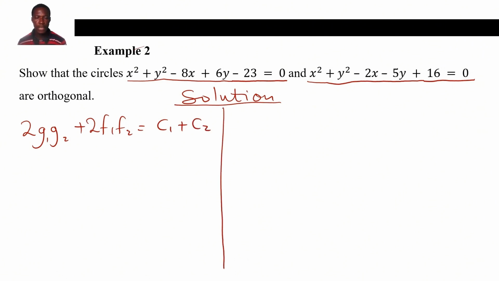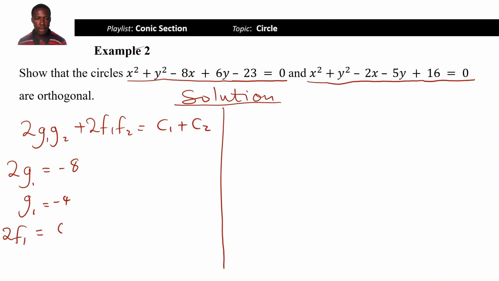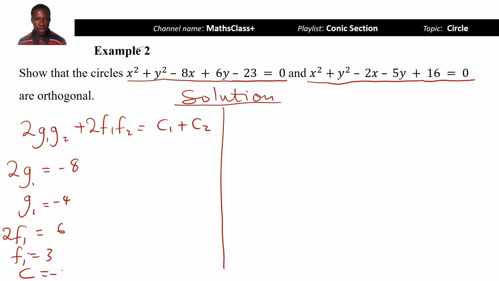So when we take the first circle, our 2j1 will be equal to negative 8, so our j1 is equal to minus 4. Then our 2f1 will be equal to 6, so our f1 will be equal to 3. And our c is equal to minus 23.